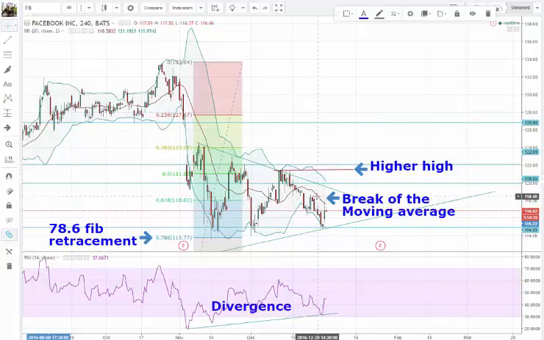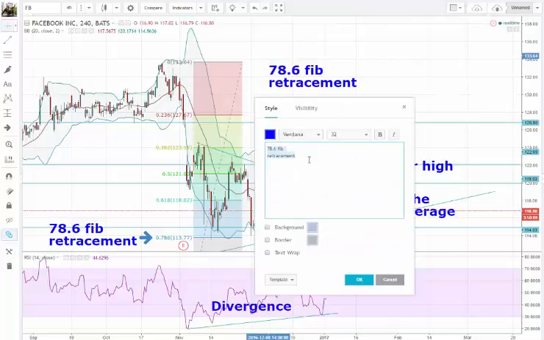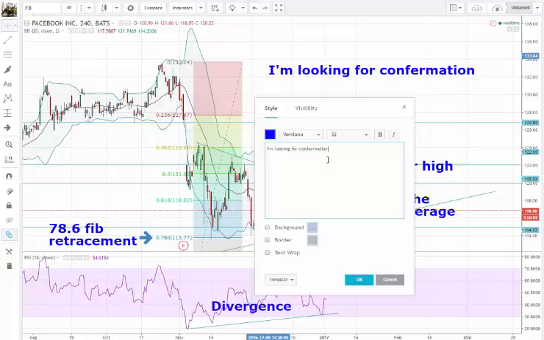I know you guys are looking at this and you're thinking, why do I take an entry when I look at a low at 114 and you are waiting for a break around the 121? Why do I give away all this movement? The reason for that is I want to see confirmation. I'm looking for confirmation. Let me put that in green.